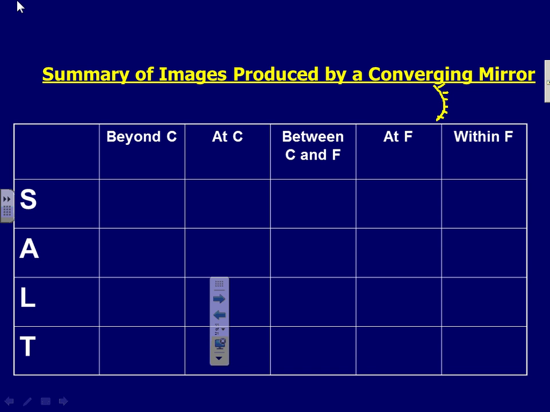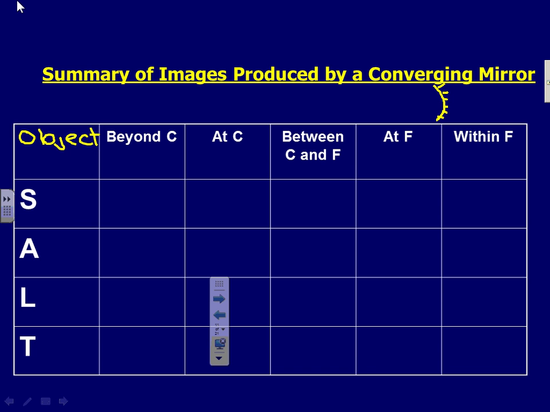I want to start here. By the way, this is where the object is. And the very first picture that we did, if you take a look at your sheet right now, that long sheet, the top one, notice that the object is beyond C. Do you see how the object is out there beyond C?